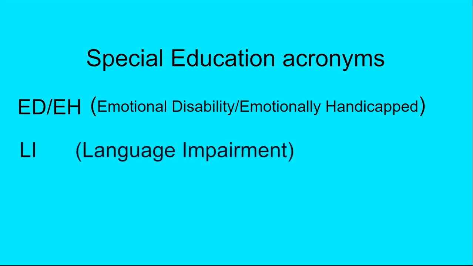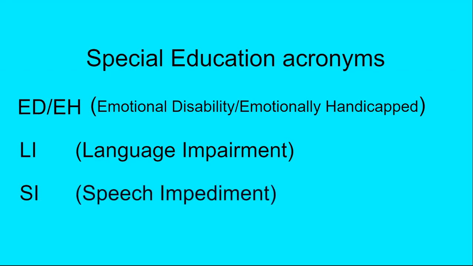LI, language impairment. This basically deals with language barriers. SI stands for speech impediment, okay? And both of these, again, much like with ED and EH, if a special ed teacher is not licensed in those areas, then they would be teacher of service.